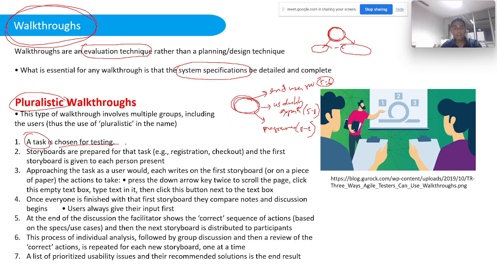Now for the particular task you have a set of storyboards. Okay, so storyboards are like the subtask, this particular subtask or series of sequence of subtasks for a particular task.